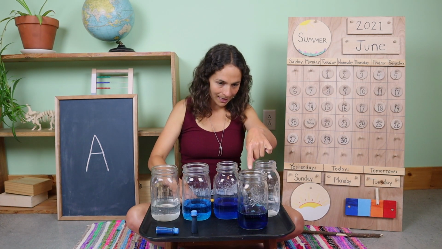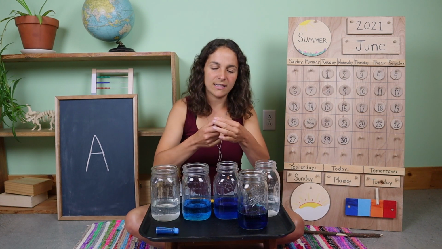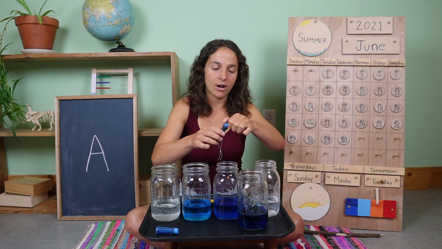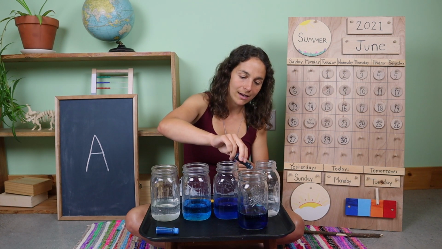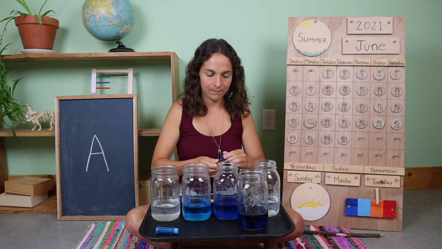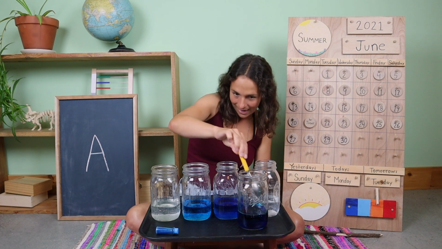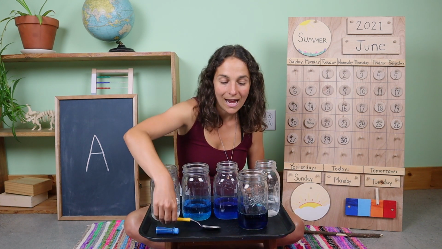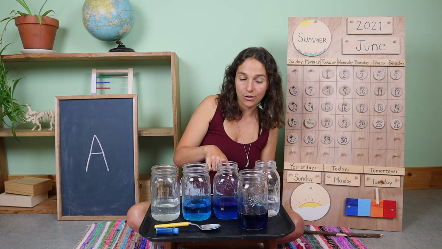So the midnight zone and the twilight zone look kind of similar. That means that I should probably add a few more drops of food coloring to the abyss right here. There we go. That is better. So now the abyss is darker than the midnight zone.